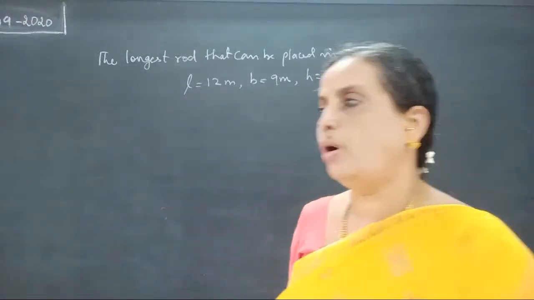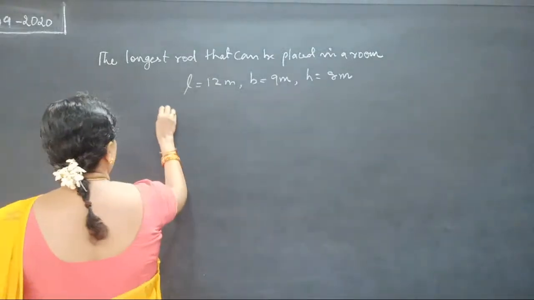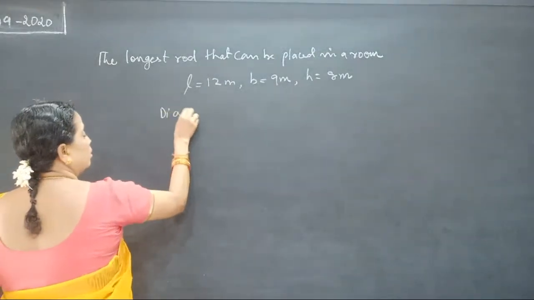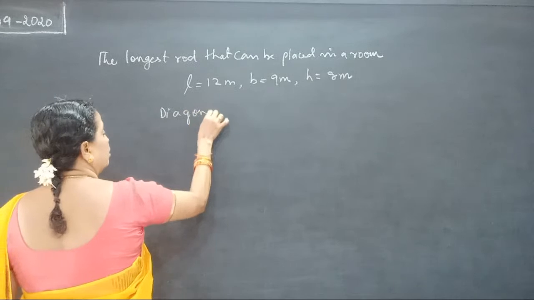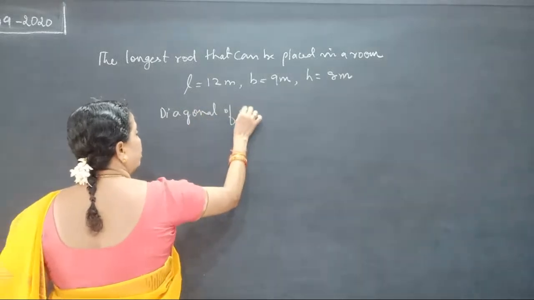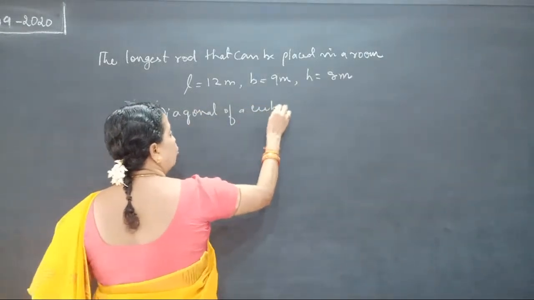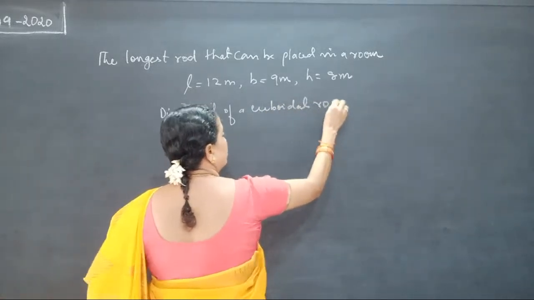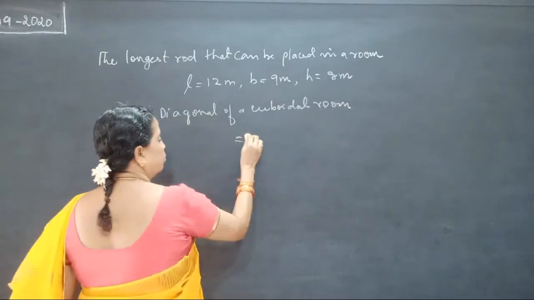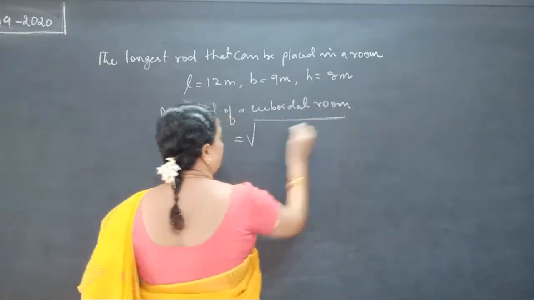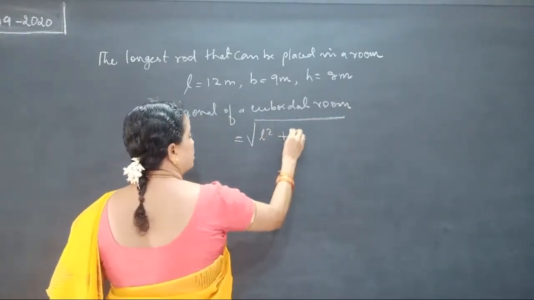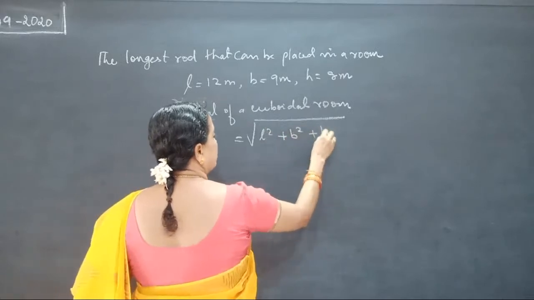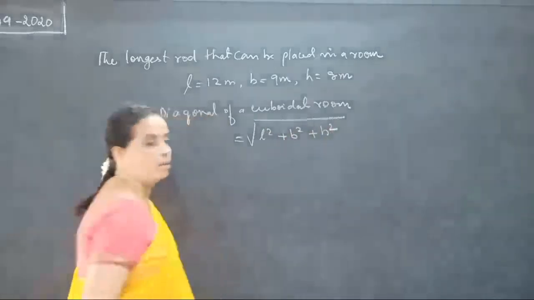Diagonal of a cuboidal room is equal to root of L square plus B square plus H square.